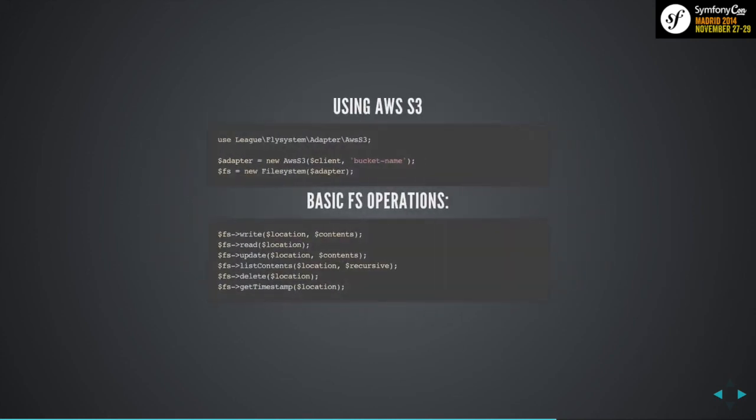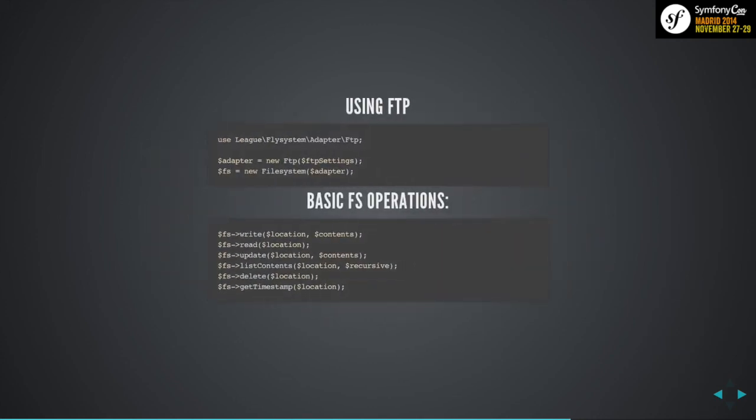But then, what if we need to move to S3? Well, everything stays pretty much the same. We just use the AWS S3 adapter now, and all the operations stay the same. So that's pretty cool. And if we look at FTP, I don't know who here has ever worked with FTP. I hope nobody, but if you do, I feel sorry.